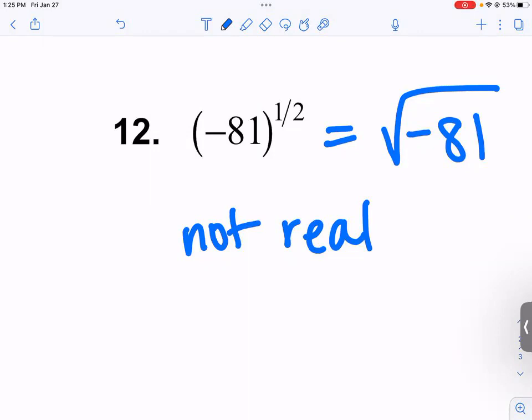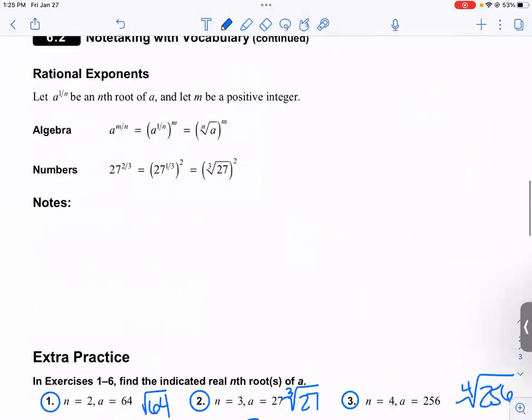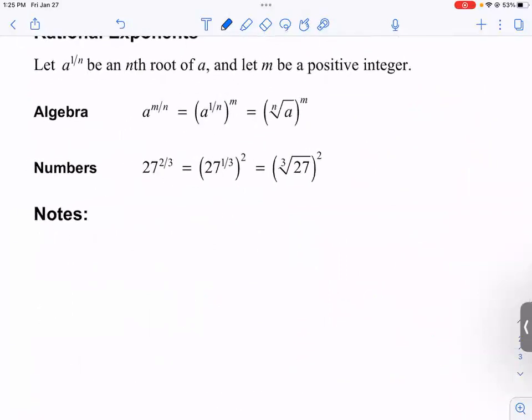Okay, now this is where it really gets fun. I want you to go to the top of the page. Do you see how we have a fractional power? A to the m over n power, we can break that apart.